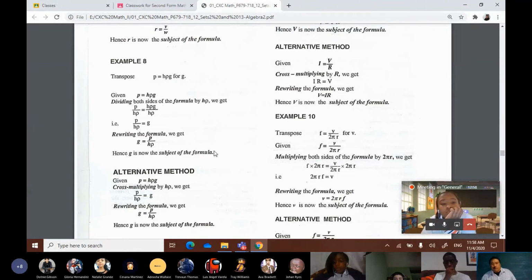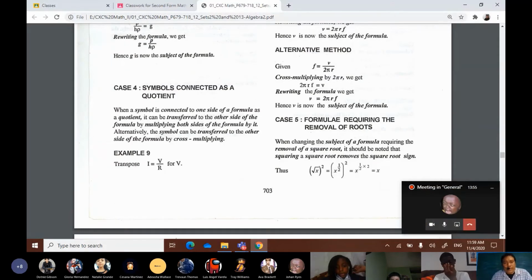So note, when it comes to case 3, it does not have to be a single letter that you divide both sides by. It can be multiple letters. Okay? Case 4, symbols connected as a quotient.